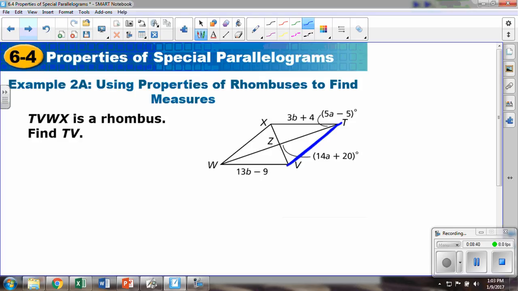And yes, we know that makes it a parallelogram and it gives us information about the diagonals, but we're not working with information about the diagonals. Don't forget that a rhombus is equilateral. All four sides are the same, and so we would be able to recognize pieces that are the same. We could create an equation for them.